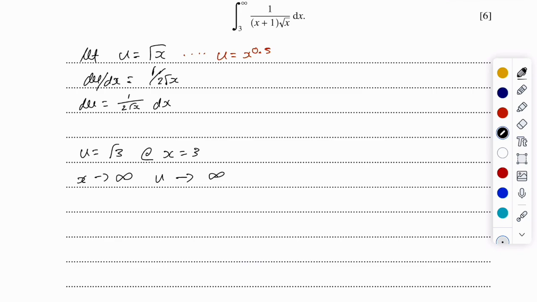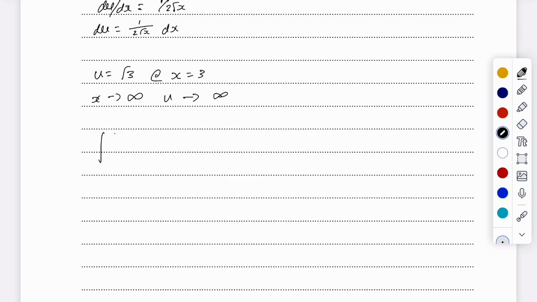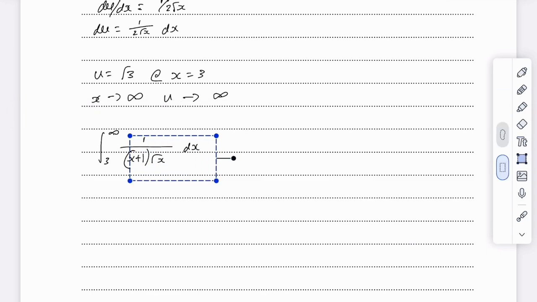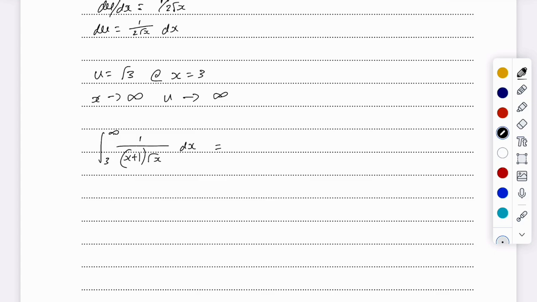Okay. So, with that in mind, we can then say the following. Well, this is going to equal, okay, we've got infinity at the top, 3 at the bottom, and we can just plug in what we've got.